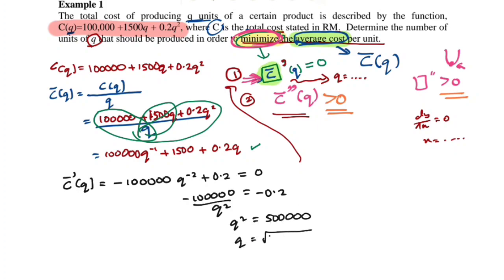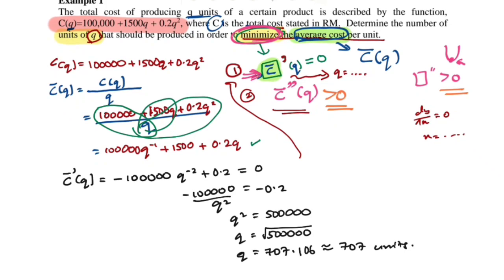It's just the square root of 500,000. Here, the question wants you to determine the number of units Q that should be produced in order to minimize the average cost per unit. So the number of units here, when you press your calculator, is 707.106. So it's approximately 707 units. Please always check what the question wants.